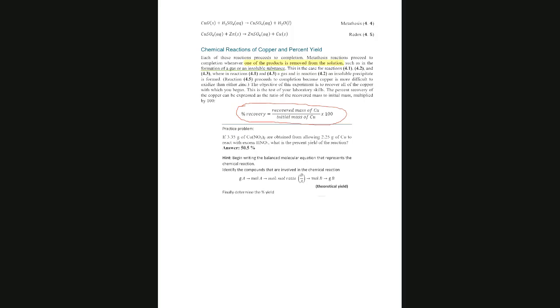The initial mass of copper is going to be given, and the recovered mass, let's say you didn't dry the copper correctly, it's still some water. The mass of the recovered copper is going to be higher, and because the recovered mass of copper is in the numerator, your percent recovery is going to be high if you don't dry it correctly.